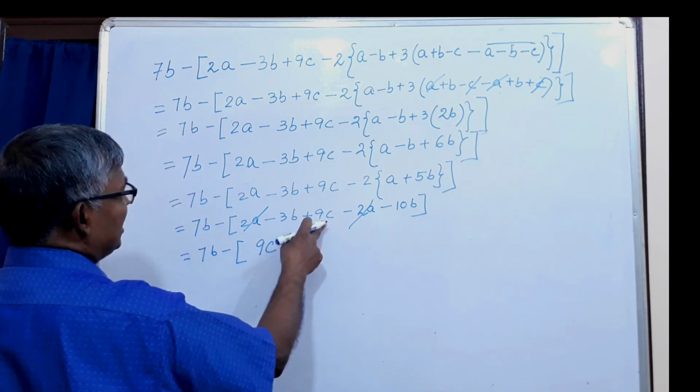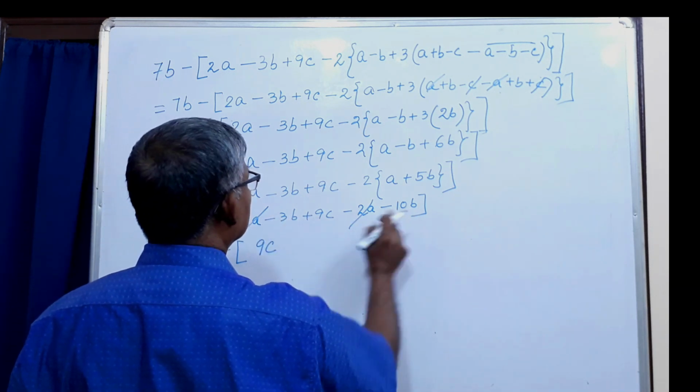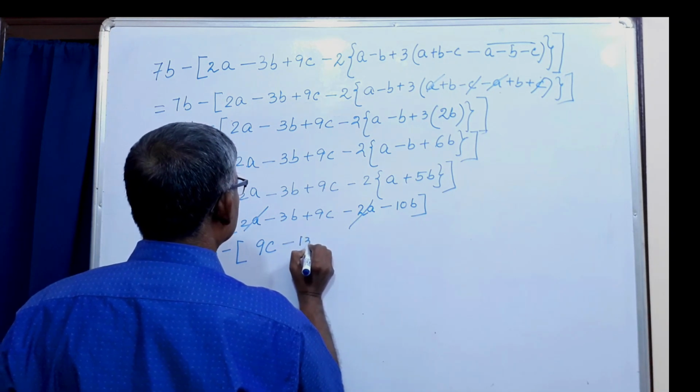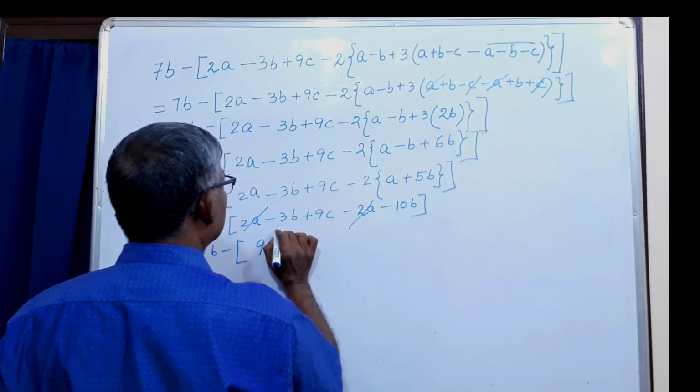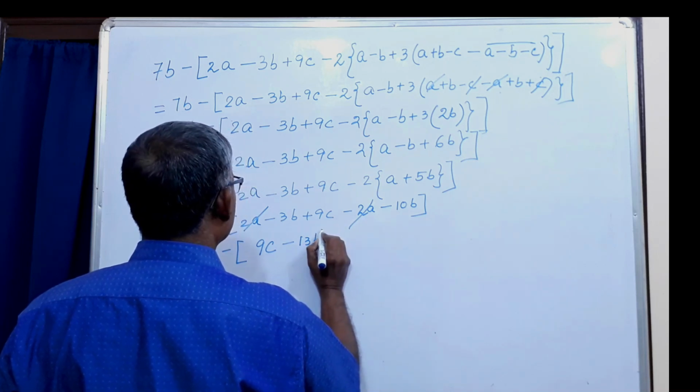Here is 9c, and minus 3b and minus 10b, that is 13b.